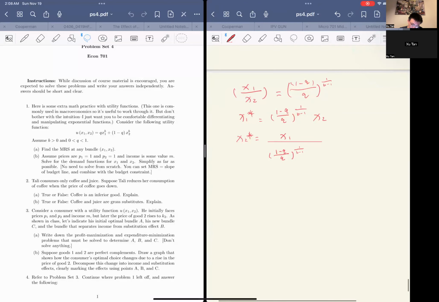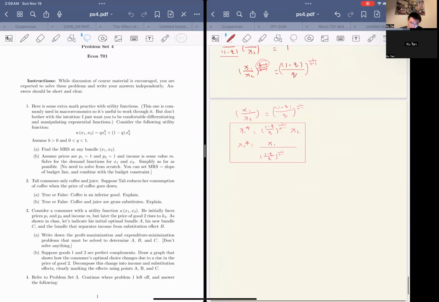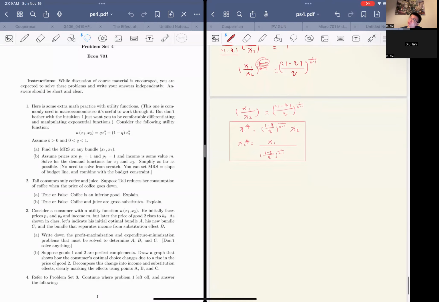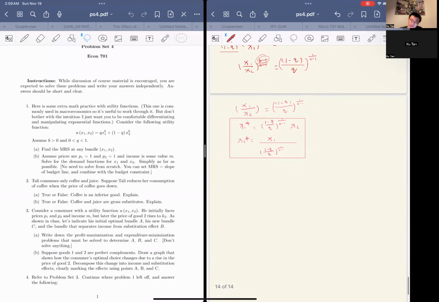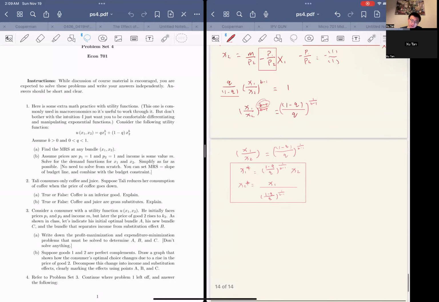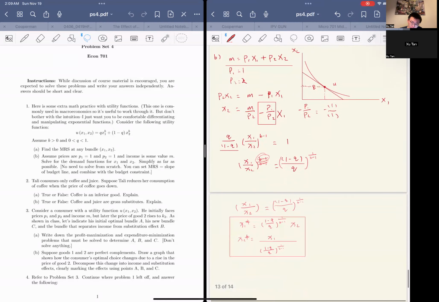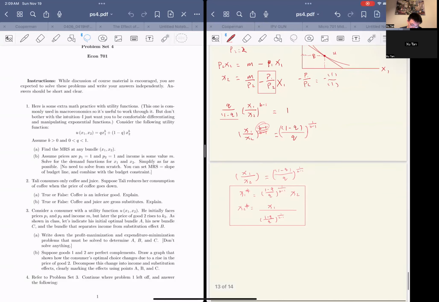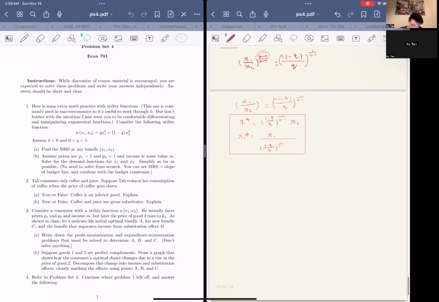So we have the first order condition that we found, the ratio of what x1 equals and x2 equals from the marginal rate of substitution, and we just plug it into our budget.